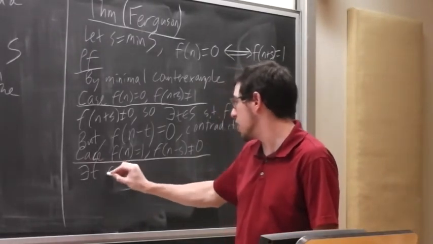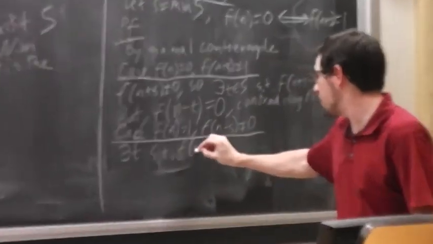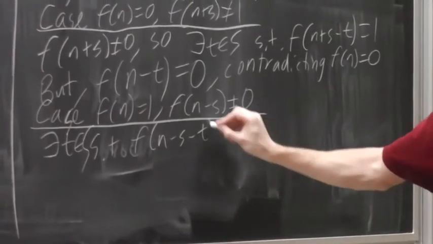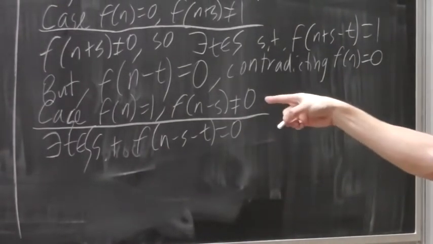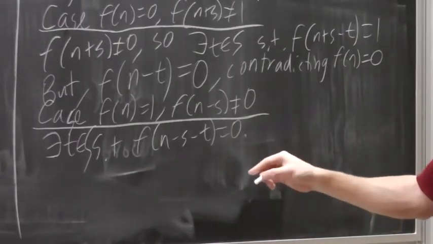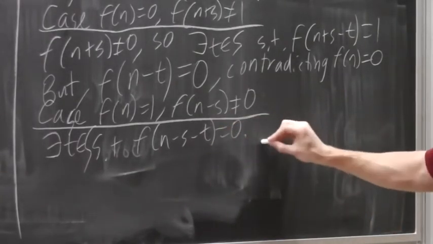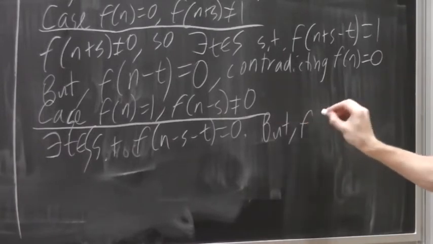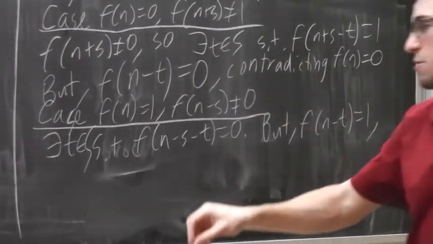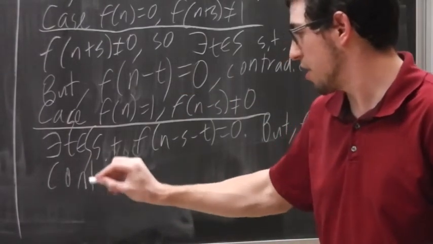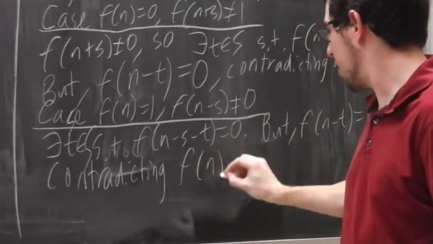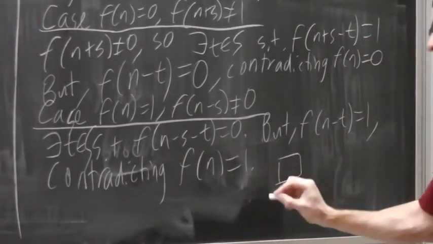So there exists a t such that f of n minus s minus t is equal to 0. Otherwise, this would be 0. But then f of n minus t is equal to 1. And that contradicts f of n equals 1. And that proves Ferguson's theorem.